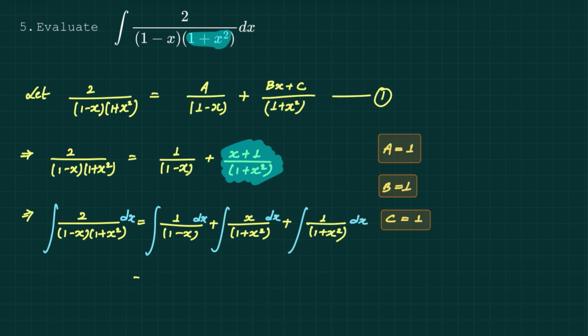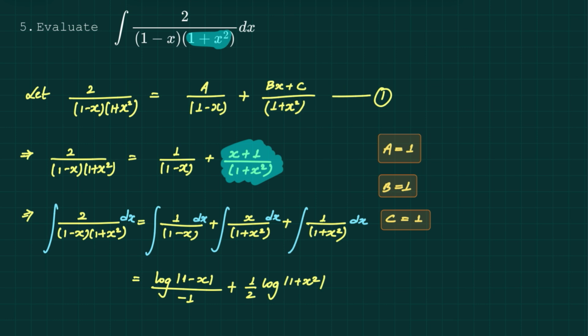So the integral of this first term will be log of 1 minus x, and the derivative of 1 minus x is minus 1. So here we have to divide by minus 1, plus the integral of this second part will be 1 by 2 log of 1 plus x square.